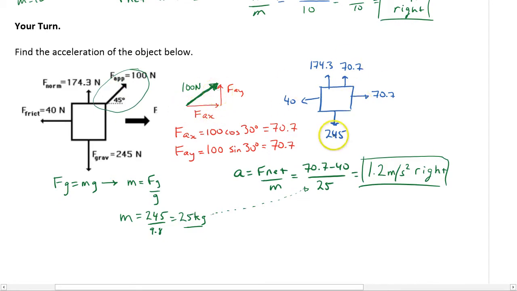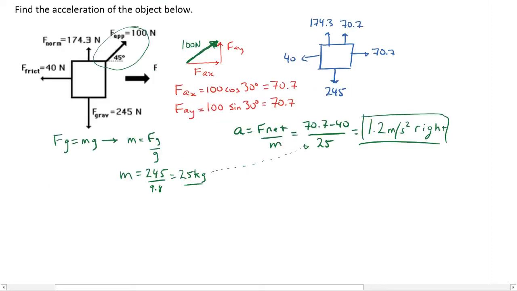And once I've got this drawn together, I notice once again that my vertical components all add up to 0, because 174.3 and 70.7 add up to 245. So vertically, it is not accelerating. Horizontally, the F net will be 70.7 minus 40, and then when I divide that by 25, I get 1.2 meters per second squared right. So hopefully you did okay on that.